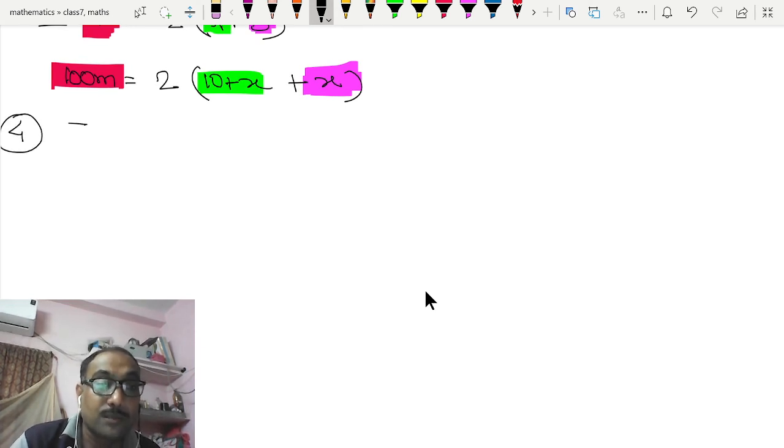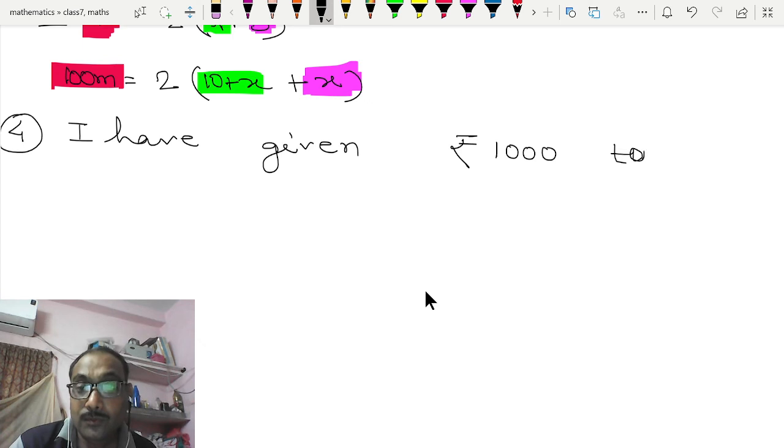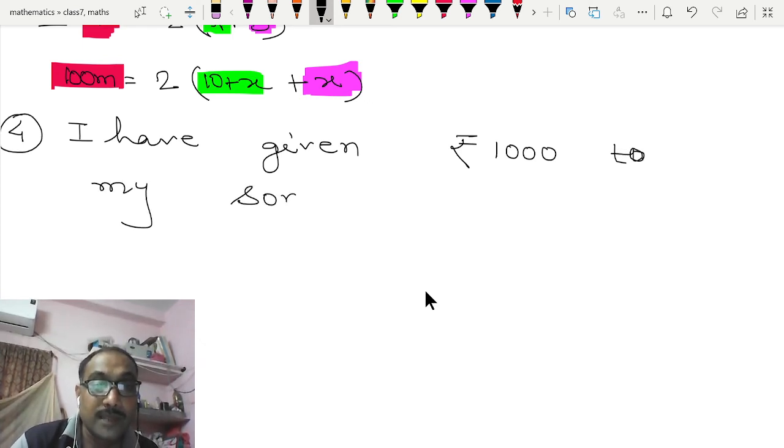Okay, suppose I have given or distributed rupees 1000 to my son and daughter.